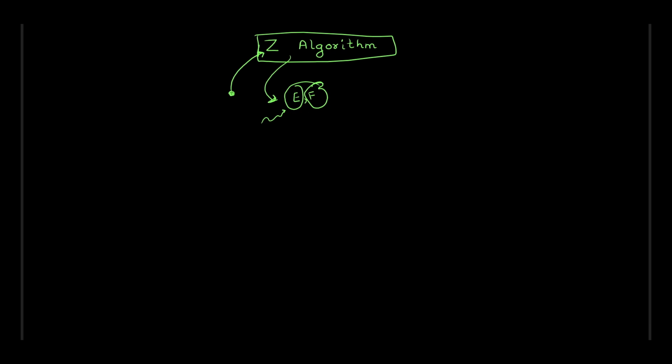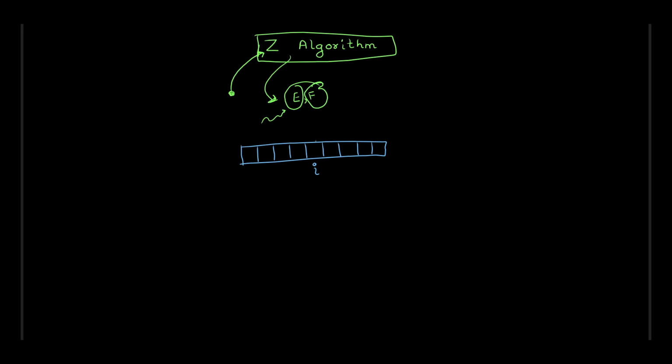So what Z algorithm is, it says that if you are given a string, then for each index I, suppose this is the ith index, can you compute the longest prefix of this index?